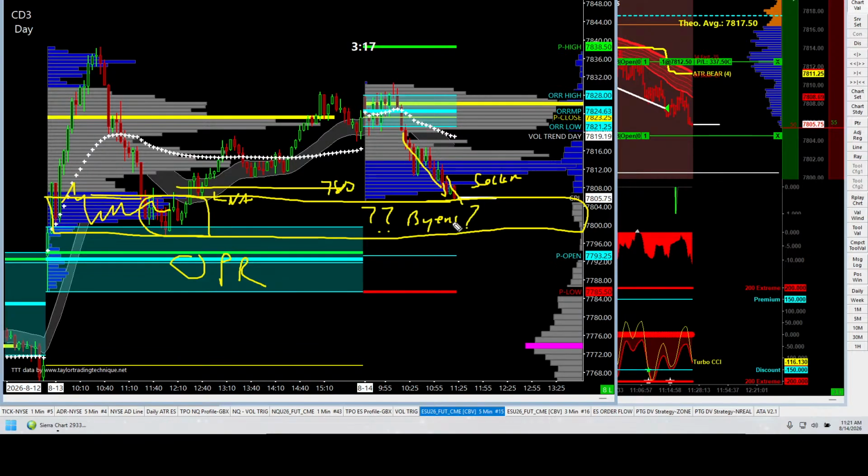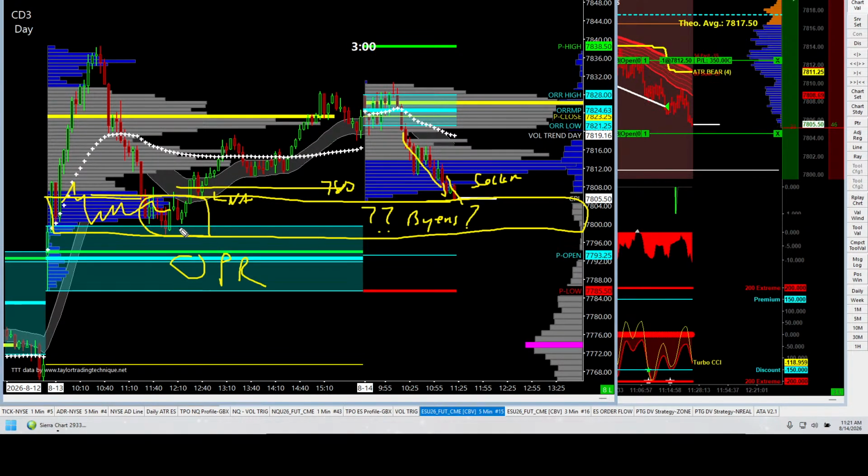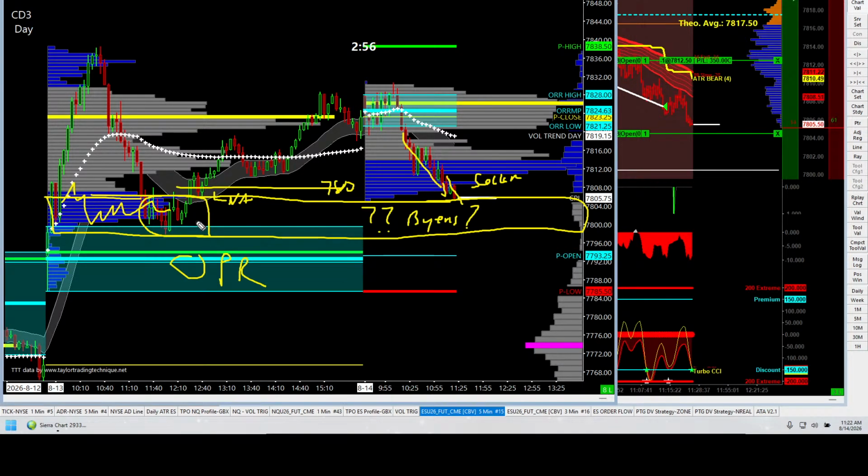How this area responds will be critical to see what the next potential move would be. We're not trying to predict that, we're trying to prepare for that. Where did heavy activity occur yesterday at these lower levels? We identify that. It's all we can do at this stage.